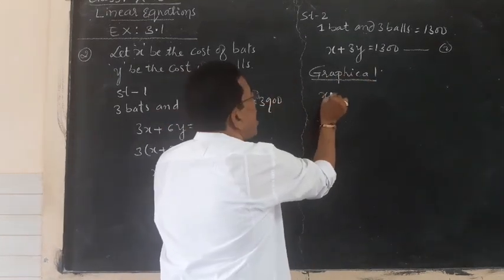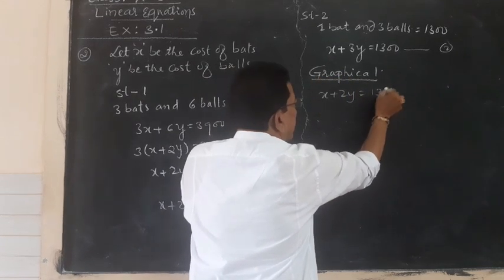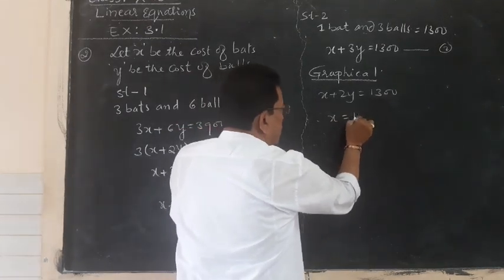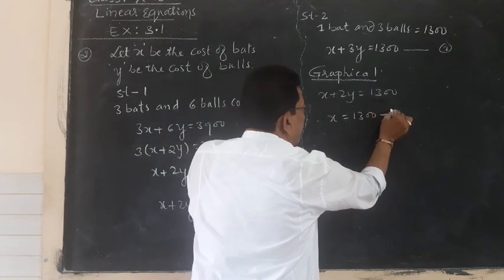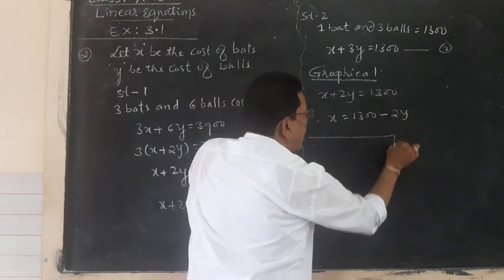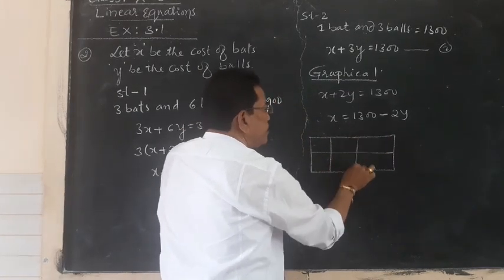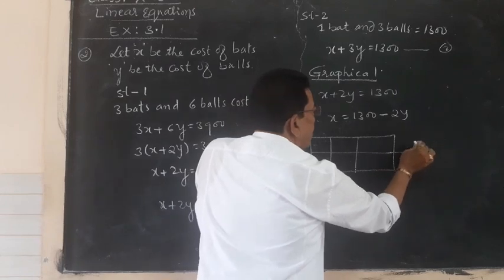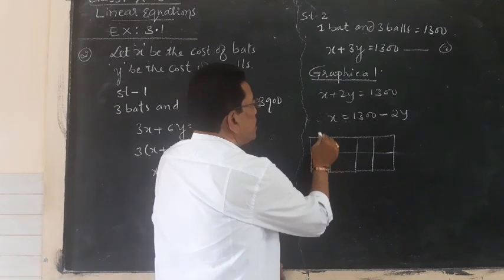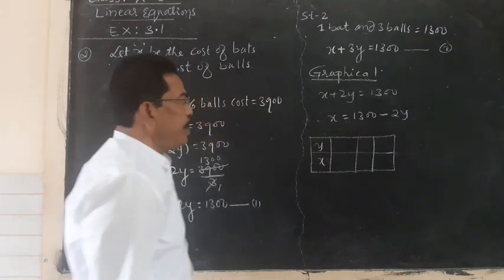x plus 2y equals 1300. Okay, x equals 1300 minus 2y.